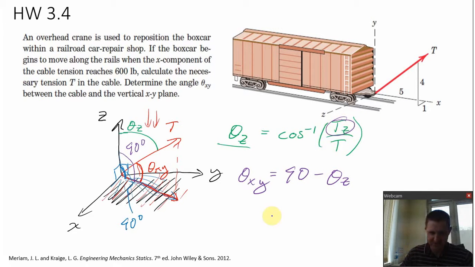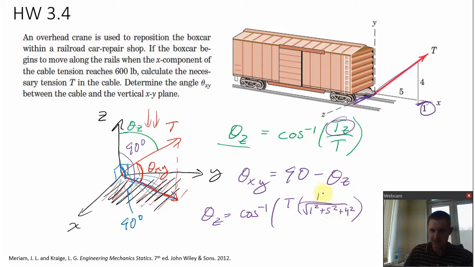What is Tz? So we're solving for theta z here. Cosine inverse of Tz, which is whatever the magnitude of the tension vector is, times, now this 1 is in the z direction, the side of our coordinate direction ratio parallel to the z-axis, so 1 divided by the square root of 1 squared plus 5 squared plus 4 squared.